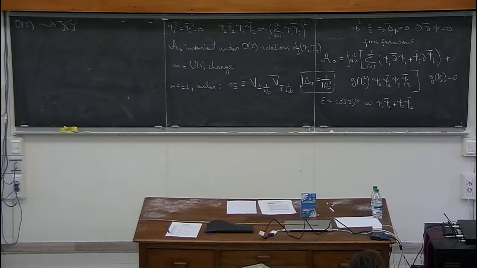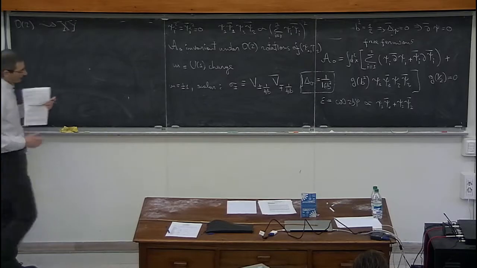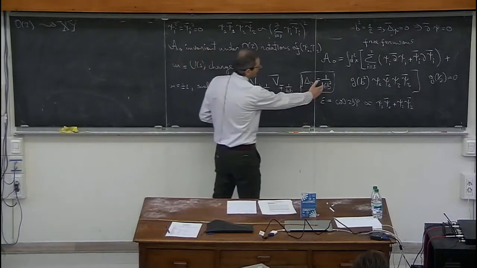Now in the XY model, we wrote yesterday, the only parameter we had was the temperature, or J over T. Now in this theory we have a parameter which is b.